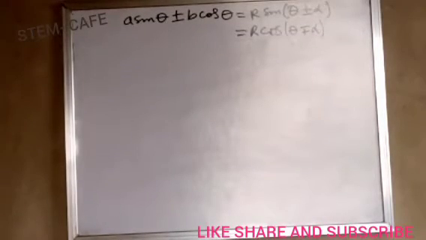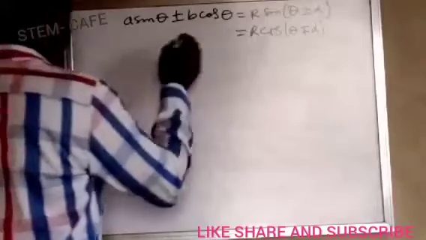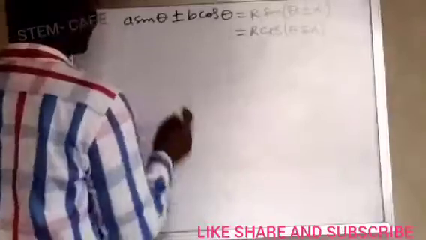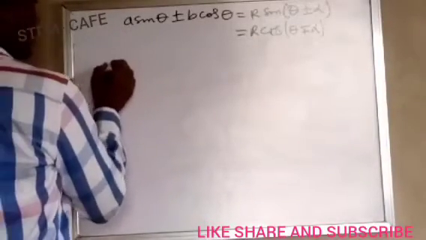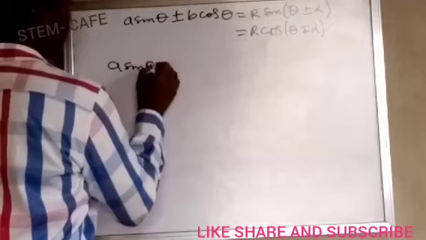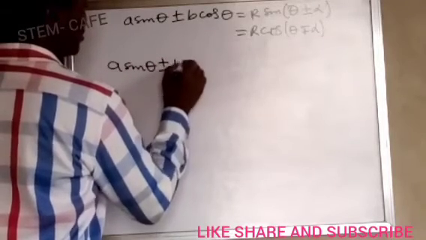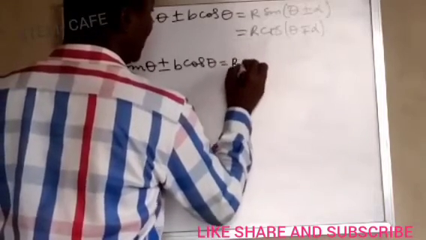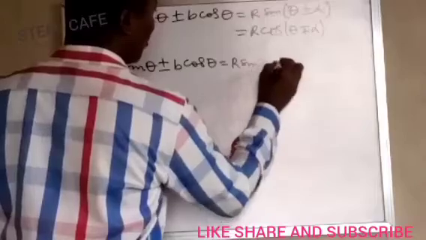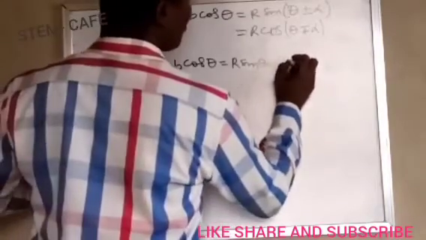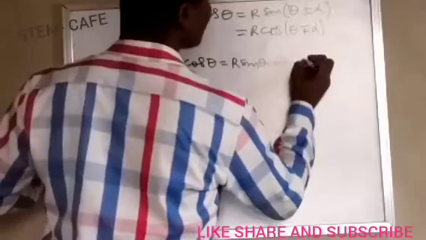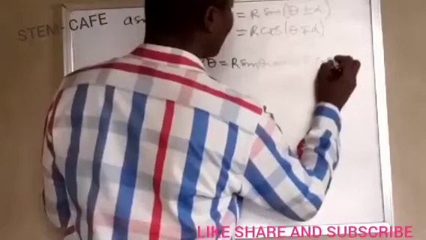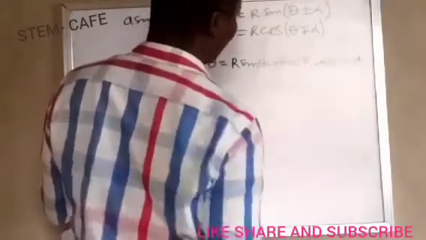Now we have a relationship like this: a sin theta plus or minus b cos theta equals r sin(theta plus or minus alpha). So let's start. I have it like this: a sin theta plus or minus b cos theta is equal to r sin theta cos alpha plus or minus r cos theta sin alpha.